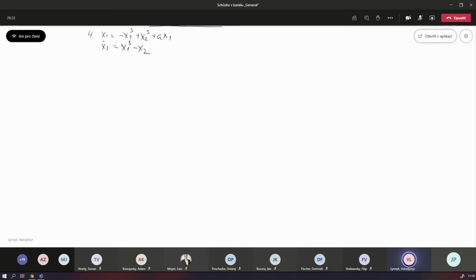Okay, here we need to analyze the stability of the origin, and you don't need to find the equilibrium point in this task. You need only calculate the Jacobian, because here you need to use the first Lyapunov method.